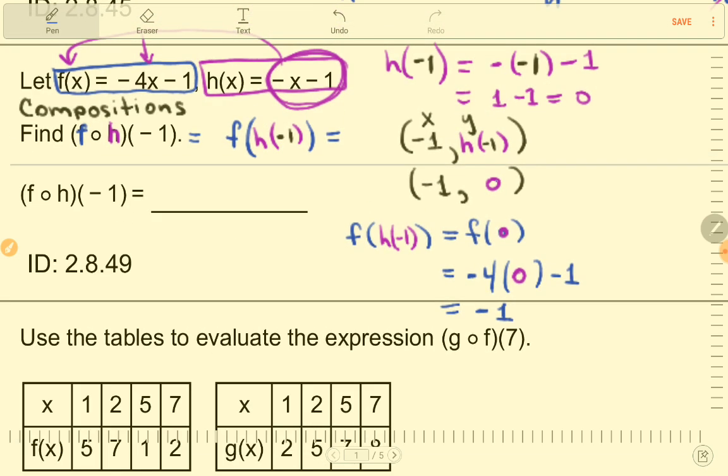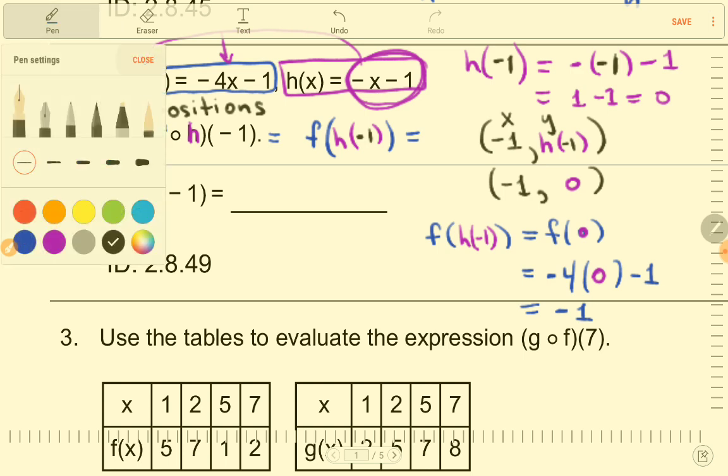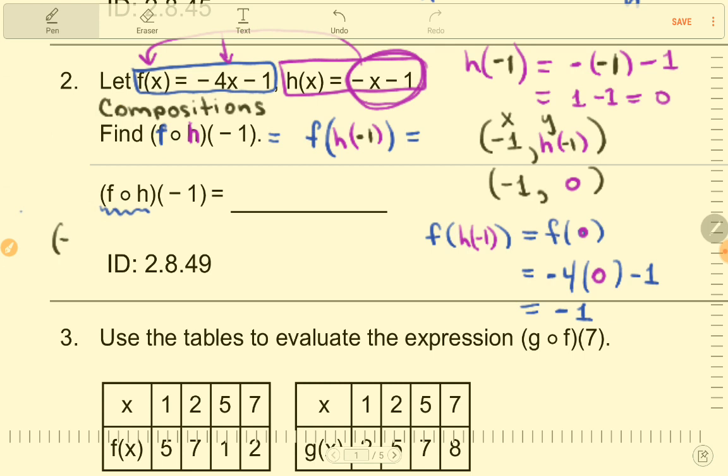So it's funny, right? The y value of h becomes the x value of f, and then you get a final y value. So this new function, f of h, has a point on it with an x value of -1 and a y value of -1.